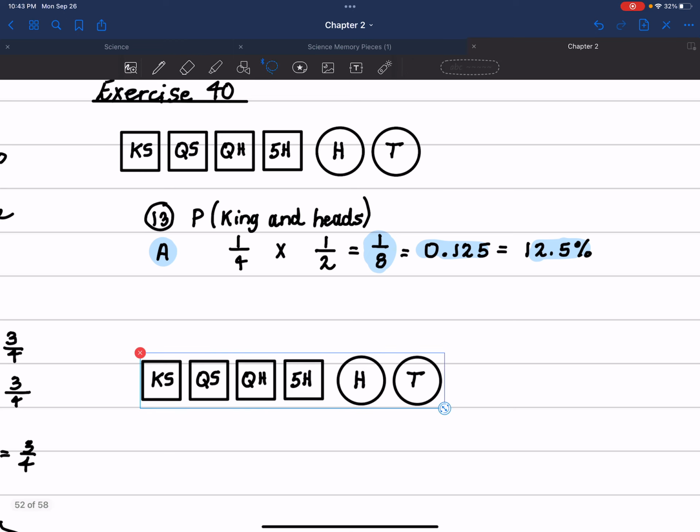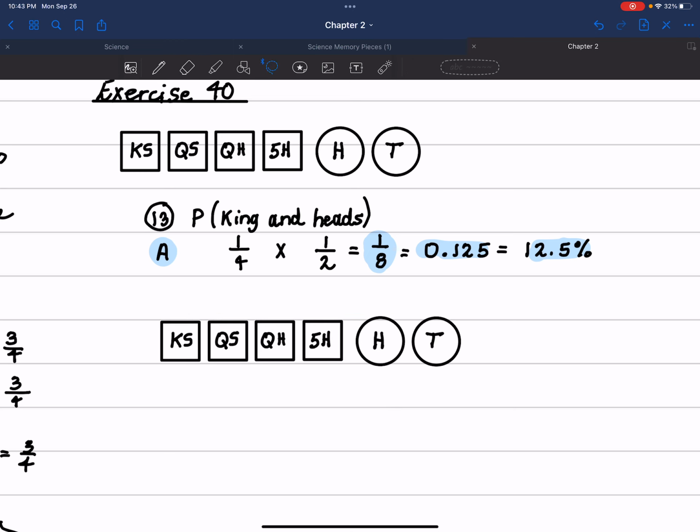Number 14 is also based on this same picture. Emma chooses one of the cards randomly, sets it aside, and chooses a second card. What is the probability that Emma will choose a queen for both cards? Now, it doesn't specify if the Queen of Spades or the Queen of Hearts has to come out first.